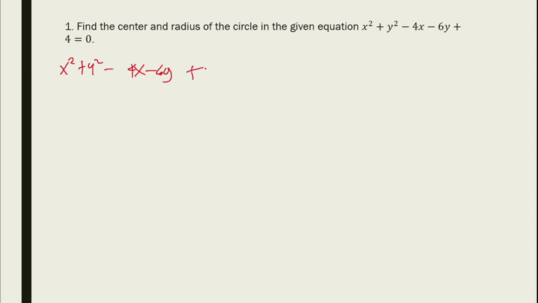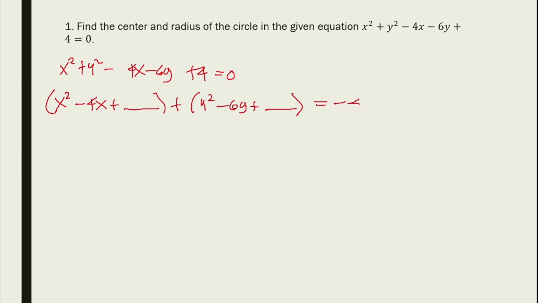In completing the square, we have to arrange this: minus 4x plus the unknown, then plus y squared minus 6y plus the unknown. And we have to move the constant, which is negative 4. So if we take one-half b squared here, we have negative 4 over 2 squared.